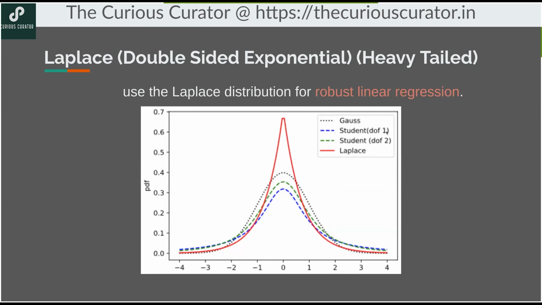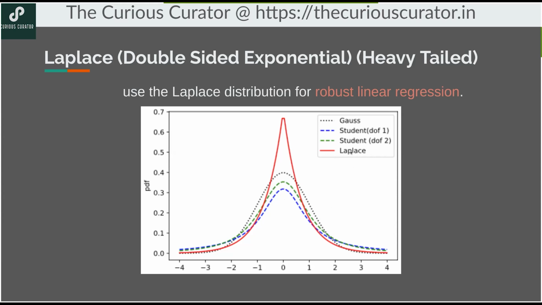The degree of normality has increased from blue to green. So if you just focus on the black, green, and blue, you can see that as I increase my degree of normality, my distribution is going towards the black distribution. That's one.